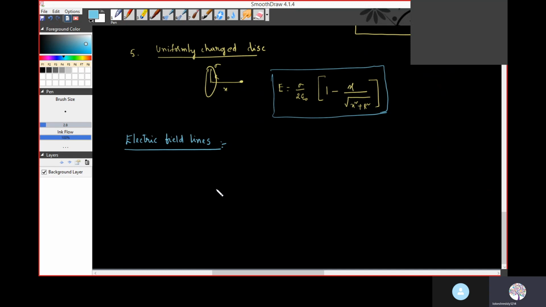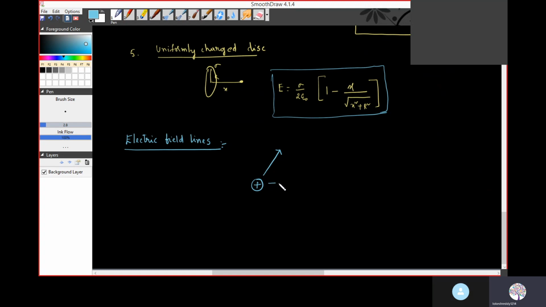It's an imaginary line which is actually the path traced by a unit positive charge. For example, I take a positive charge. If I put a positive charge here, then it will repel in this direction. So that is my electric field line.